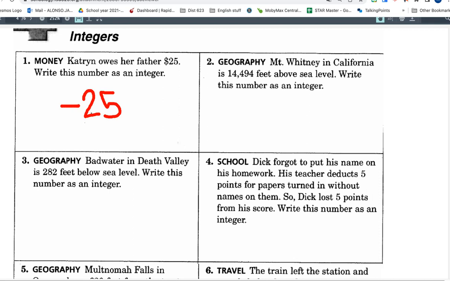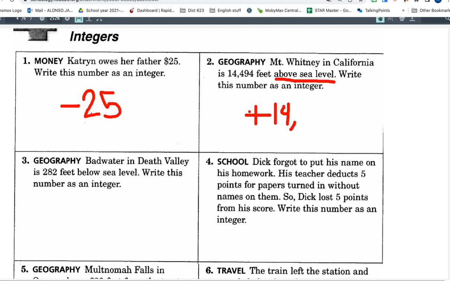Mount Whitney in California is 14,494 feet above sea level. Write this number as an integer. So above sea level, that means that it's positive. Since we're doing integers, we are just going to write the positive number here because we're practicing with integers.